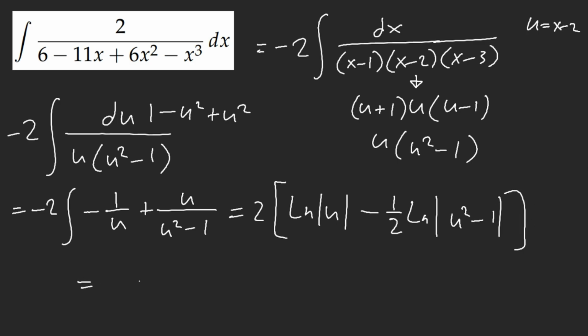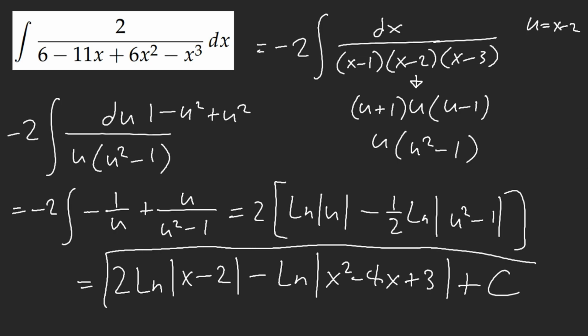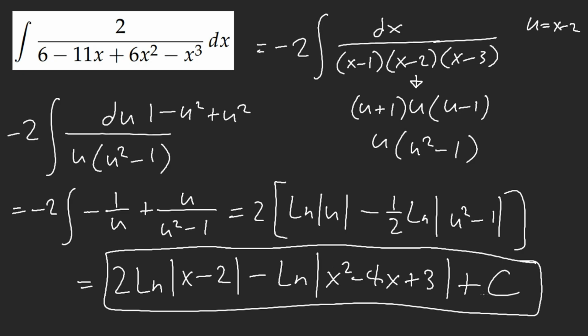And now your answer is simply 2 ln of x minus 2 minus ln of, you could just go ahead and plug it in, x squared minus 4x plus 3. And I believe this is our answer. There we go. I want to check. Is it correct? Yes, it is. Okay, awesome. So there we go. That's our answer.